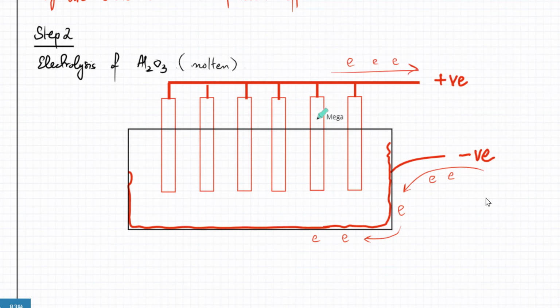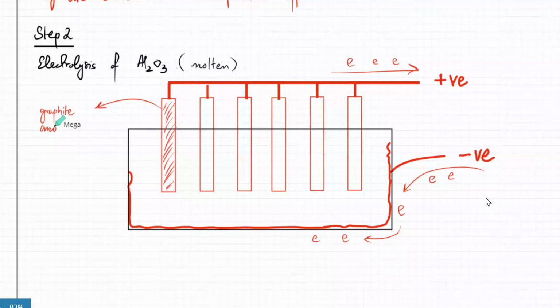The anode is made out of graphite. So the substance, which is carbon, so graphite is carbon. Most of your battery terminals are made out of graphite. So graphite anode, which is basically carbon.